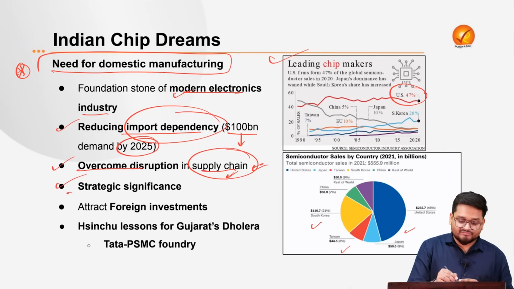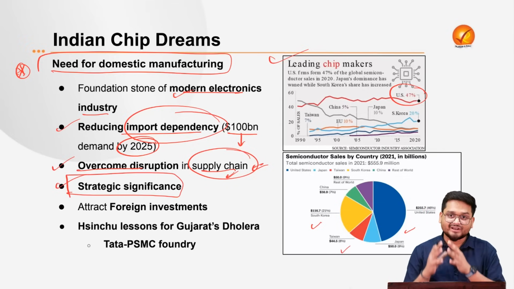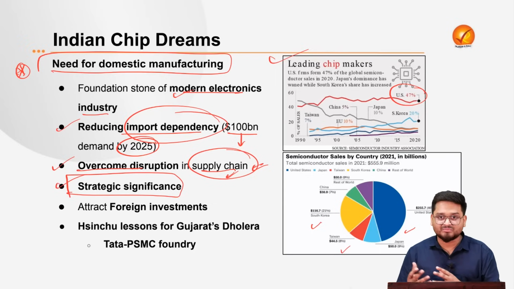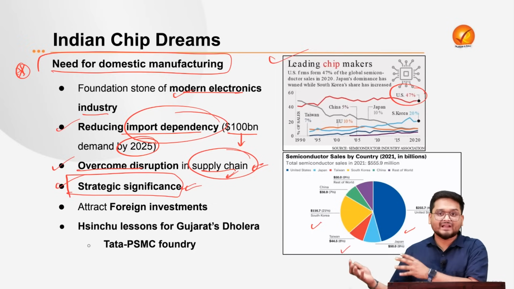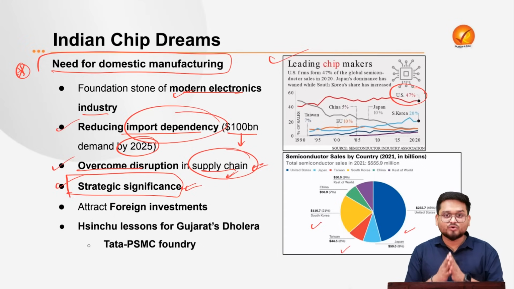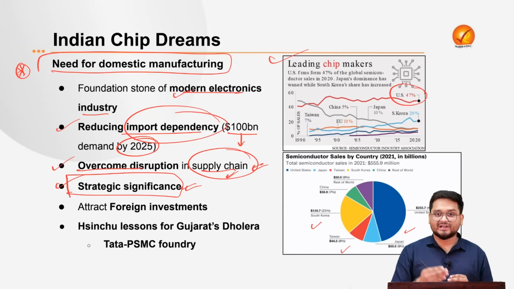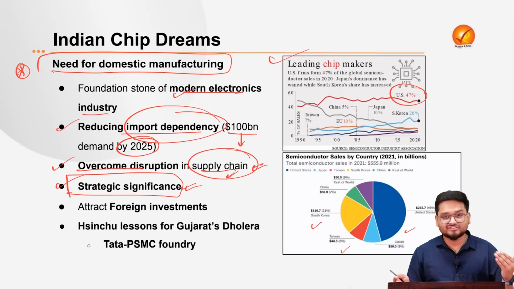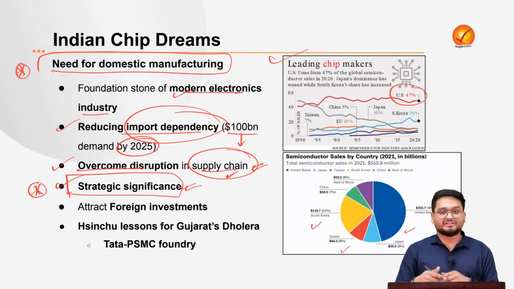Next, the strategic importance of the semiconductor industry is also reflected, because if we produce more and more semiconductors, we will also produce more and more electronic items, and this will lead to growth of other strategic sectors. Other countries will also look at India for the supply of semiconductors, such as continents like Latin America and Africa. We can also increase their dependence on India's semiconductors.